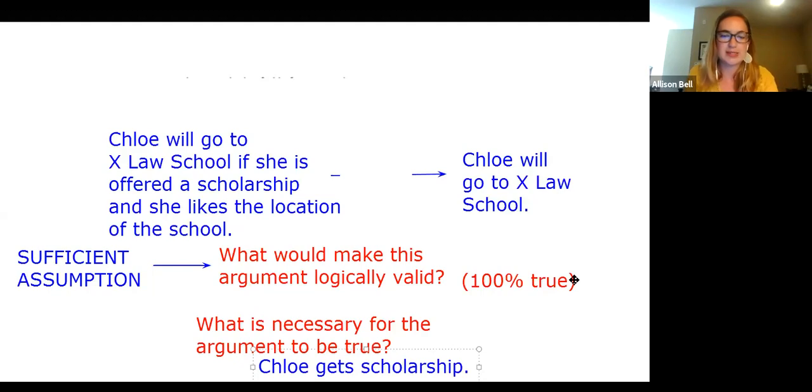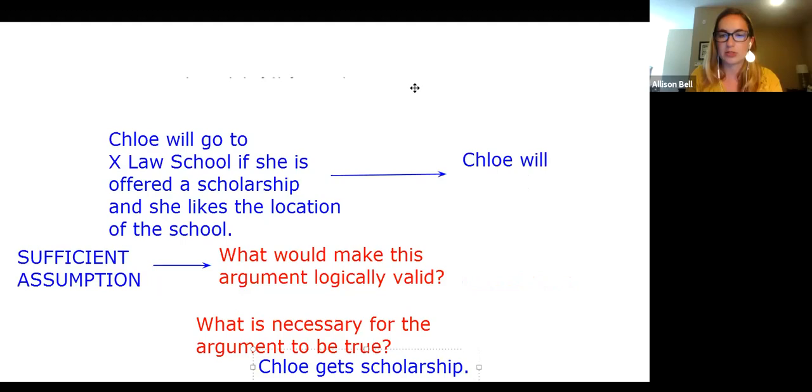What is necessary for this argument to be true? I'd be interested to know if you think that Chloe gets the scholarship could be a correct answer to this second question. Would that answer work if we changed the question to what is necessary for the argument to be true? So yes or no, do you think that would work?